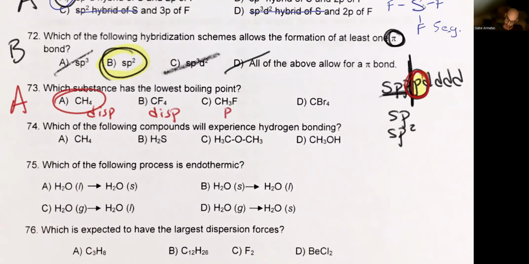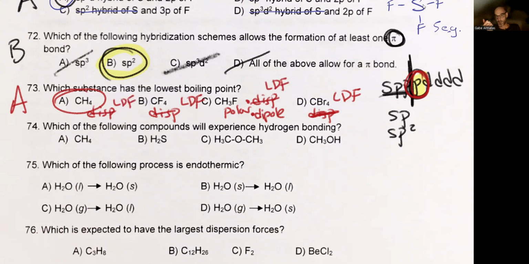CH3 is polar, so it's going to have London dispersion forces as well as dipole-dipole. And CBr4 is larger than the others, although it just has dispersion, or LDF. LDF, London dispersion forces. But the lighter it is, the weaker those LDFs are. If that's the only thing holding it together, then that's the lightest.